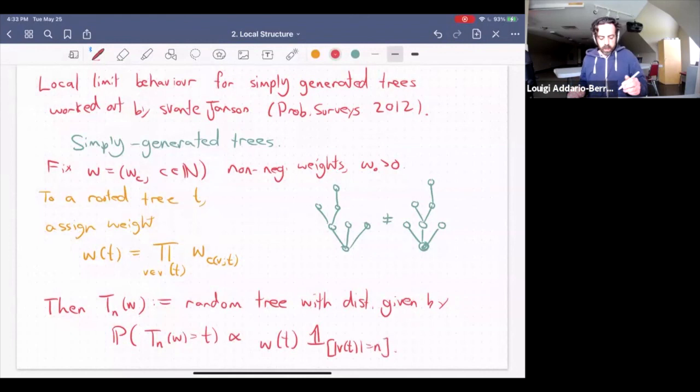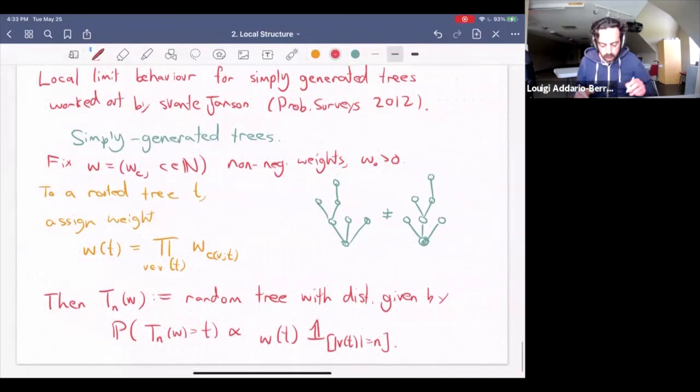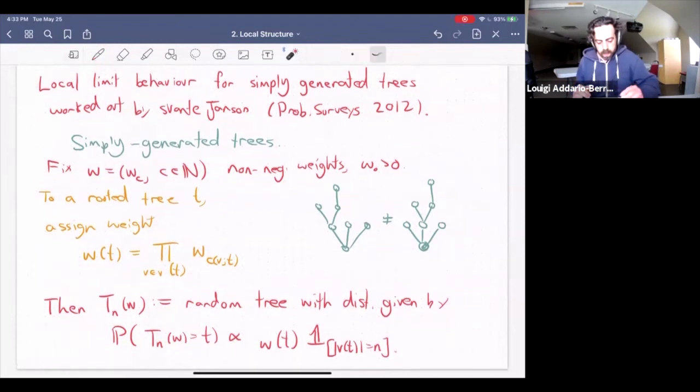Okay, so that's a slightly different model of random trees from the ones I've already introduced. If you take all weights 1, you get a uniform distribution on this class of trees. You could have the weights increasing very quickly, and then you'd strongly prefer trees with very large degrees. But because they're trees, you always have to have leaves, and so that's why this W0 has to be positive.